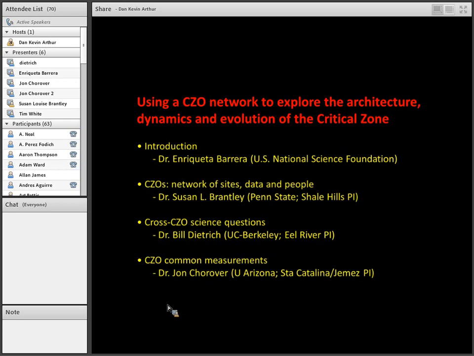She's also the PI at Shale Hills. Bill Dietrich from UC-Berkeley, Eel River PI, will describe to us his effort to draw together a series of cross-observatory science questions. And then finally, Jon Chorover from the University of Arizona, Santa Catalina-Jemez PI, will talk to us about how the U.S. observatories have organized measurements. After that, we'll have a question and answer period that could last up to 20 minutes if needed.